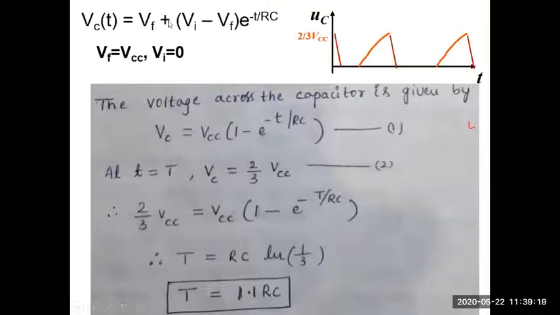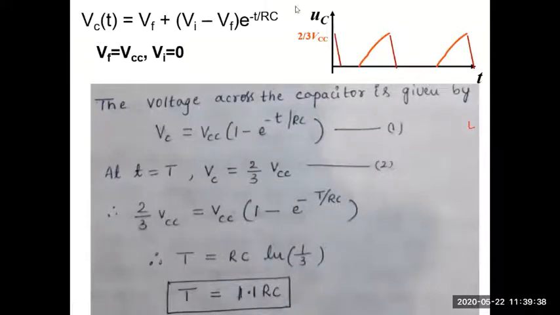Vf plus (Vi minus Vf) into e to the power of minus t by RC. Please remember the capacitor voltage.